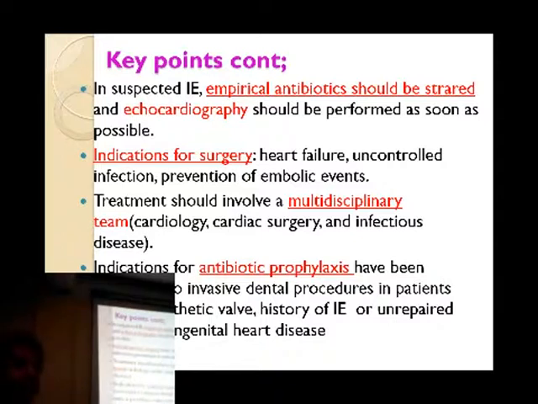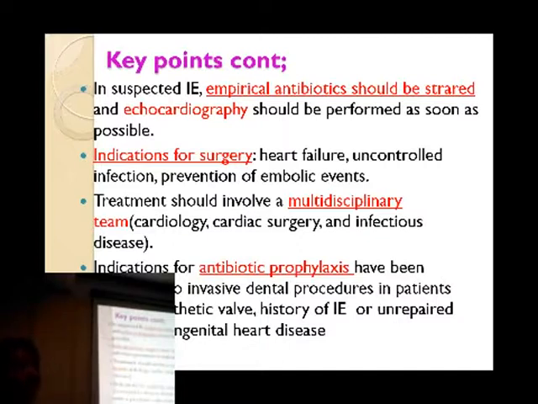Surgery has a place if there is heart failure, uncontrolled infection, or risk of embolization. And infective endocarditis is not only a physician task, it's a multidisciplinary task which involves cardiologists, cardiac surgeons, infectious disease specialists, and I haven't forgotten dental surgeons as well.